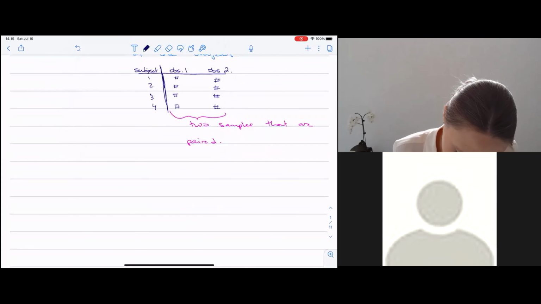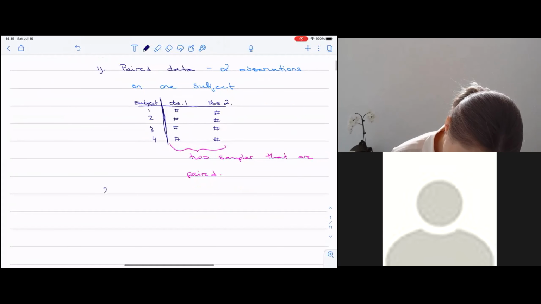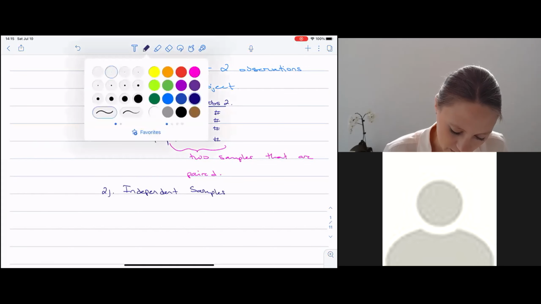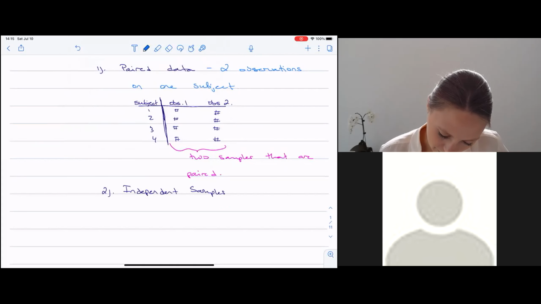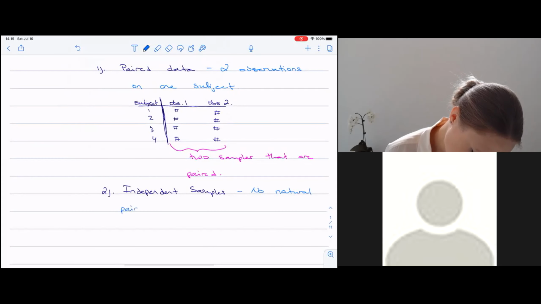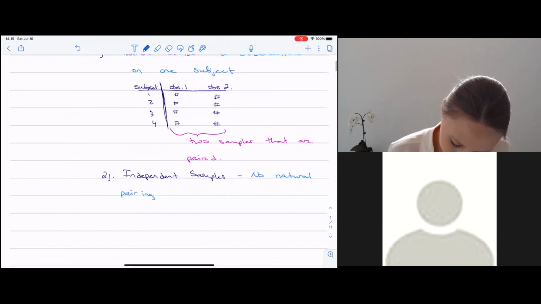So let me write that down here. So the other way that we could have it is independent samples. Okay. And so that's when there's no natural pairing between the two samples.